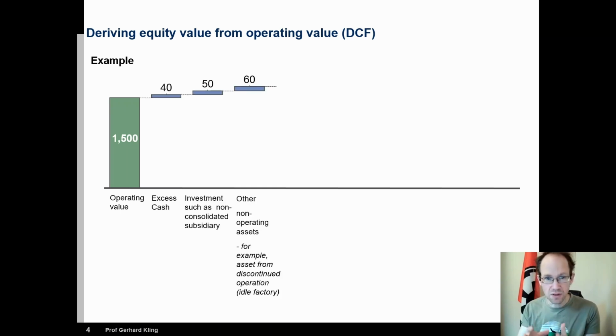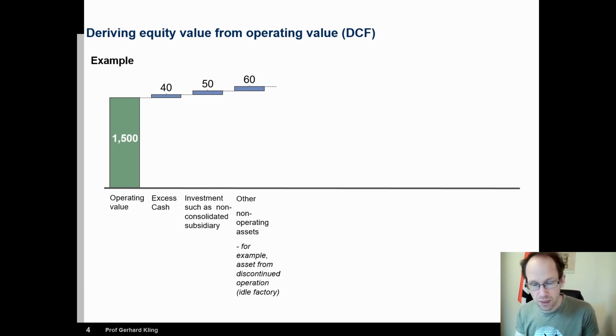And then you have lots of additional little buckets here that also add value. And these are very often overlooked. So when you read standard academic textbooks, they don't talk much about, for instance, excess cash. If you remember, we used the rule, which is maybe a crude rule, of using 2% of revenue to assess operating cash.